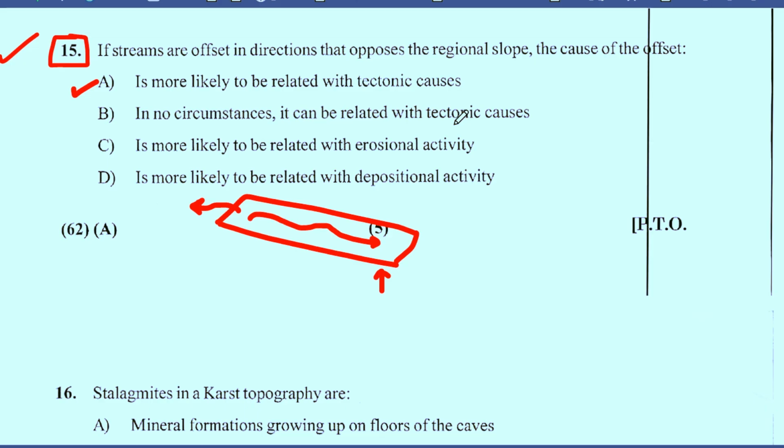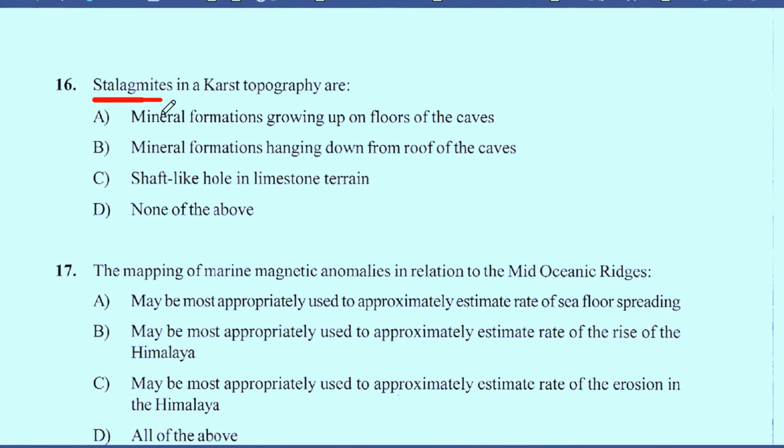Next question: stalagmite and stalactite. I'm writing stalactite above and stalagmite below. Always write like this: C is above, M is below. So stalactites are growing from the roof, and stalagmites are growing from the floor upward.